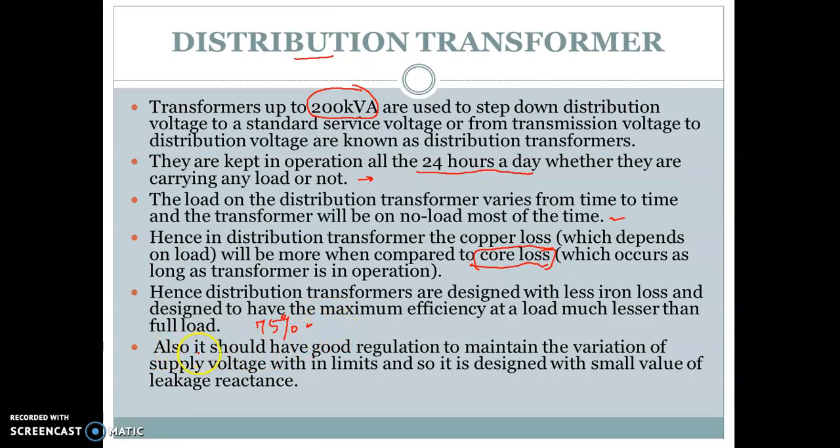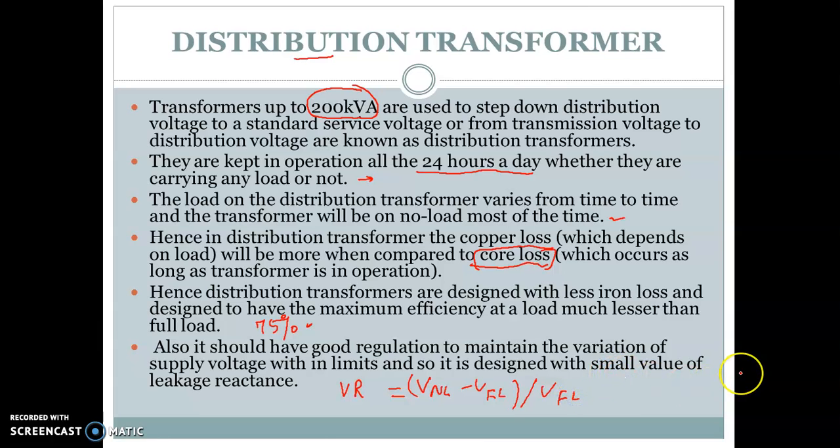Also it should have good regulation to maintain the variation of voltage supply within limits, which means the voltage regulation should be very small. Voltage regulation is the voltage at no load minus the voltage at full load, divided by the voltage at full load.